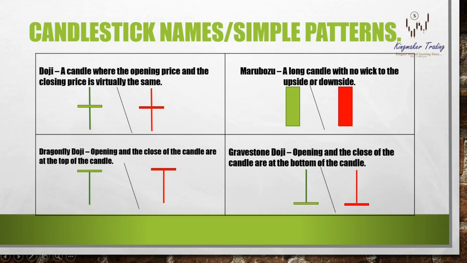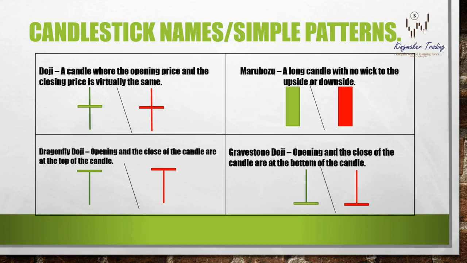These types of candles represent strong price movement. If you see a green candle like this, that means bulls are in control of the market. If you see a red candle like this, that means bears are owning the market at that time.